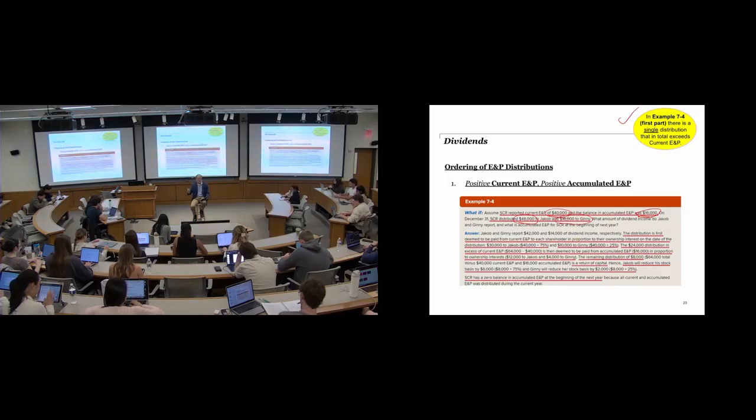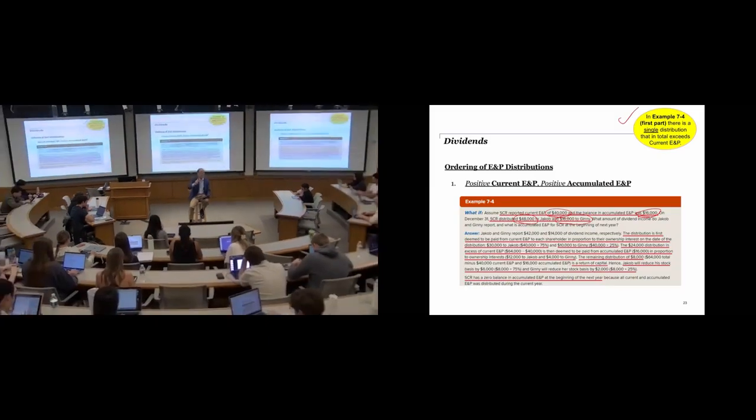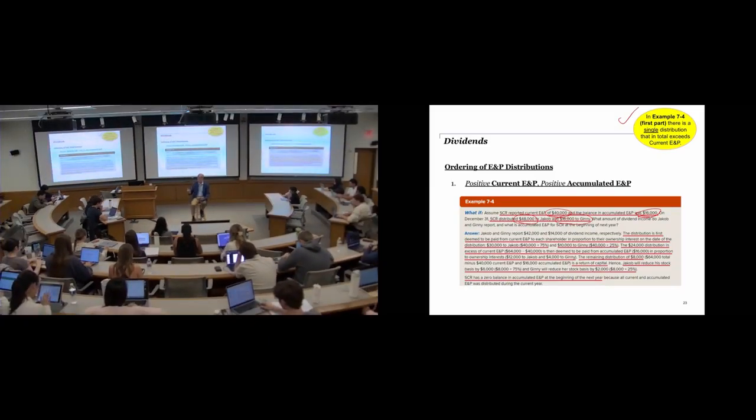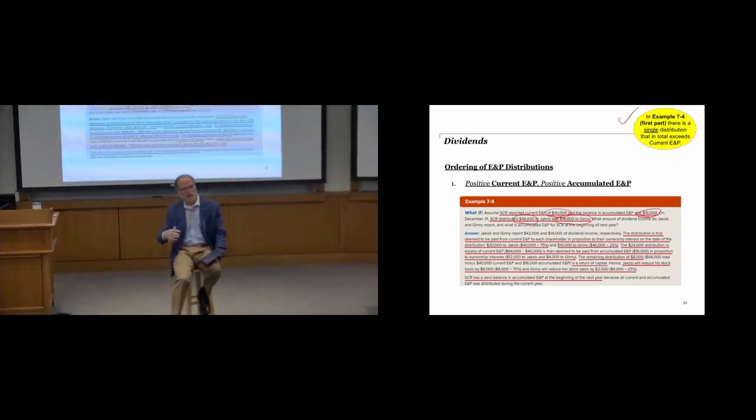I don't have to worry about first come, first serve because there's only one distribution. So 75% of the accumulated E&P tracks to Jacob, 25% to Jenny, so they get their share of accumulated E&P. And I'm always accounting for 100% of the distribution. It has to come from current E&P, accumulated E&P, return of capital, capital gain. I'm not done until I go through all of that up to the amount of the distribution.